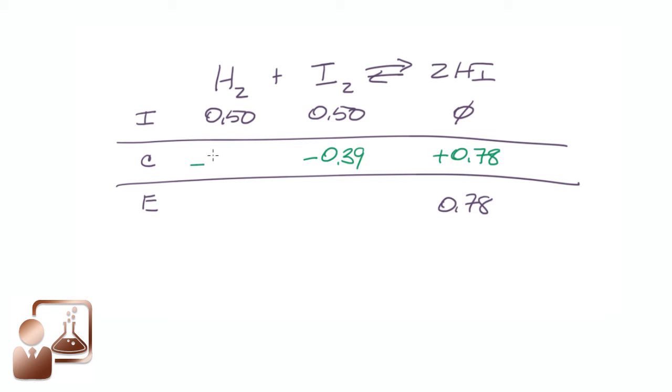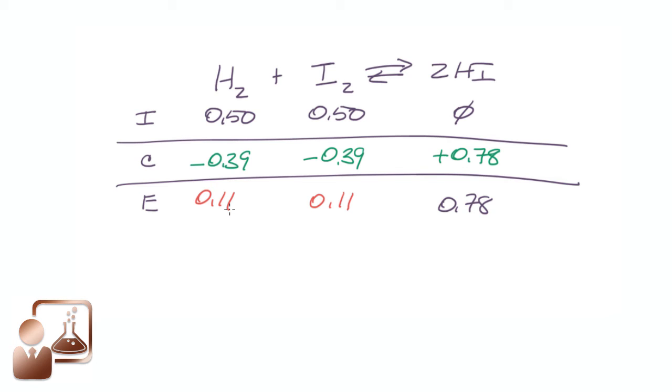I also consumed 0.39 moles of hydrogen. And I can see that by laying it out in the ice table. Now, if I add that change to my initial concentration of iodine, I see that at equilibrium, I'm going to have 0.11 moles of iodine and 0.11 moles of hydrogen.